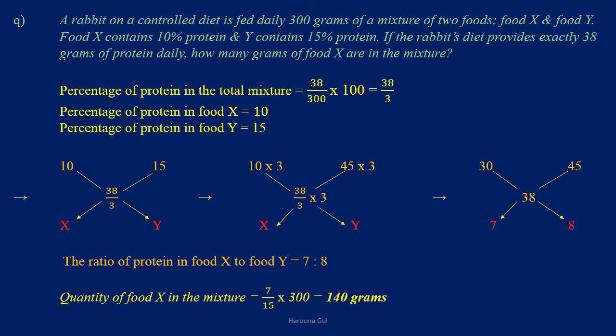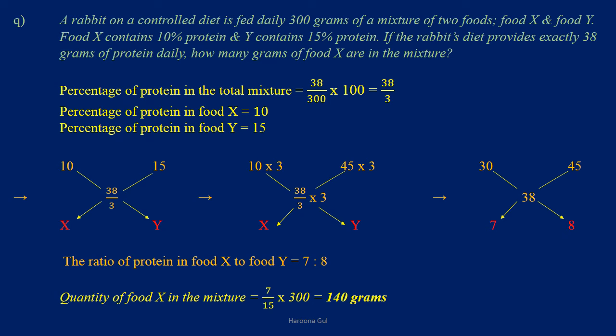Now you see, we can easily find out the percentage of protein in the total mixture by dividing 38 by 300 and multiplying it by 100. So we get 38 by 3. Let this percentage be in fraction form because it's easier to handle than decimal numbers. Now we've already been given the percentages of protein in food X and Y, that is 10 and 15 respectively.